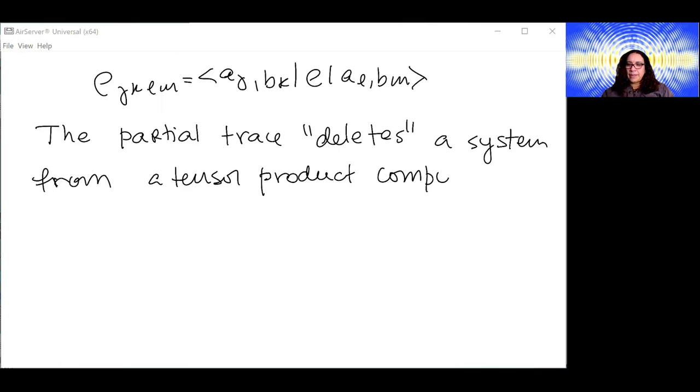Meaning, if you have, for instance, a compound system A, which is in this space AB, if you want to delete B, you need to apply a partial trace.